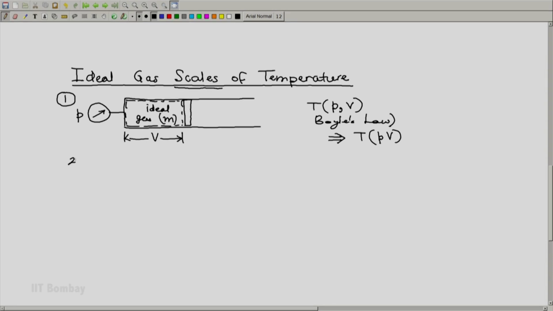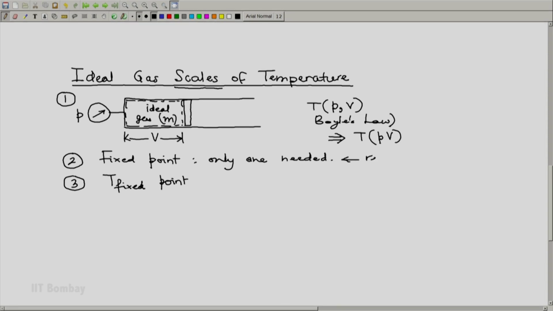The second step is, because this is a very simple relationship, we need only one fixed point. Let us say that we define the reference state and we define the fixed point and we define this reference system and its state.